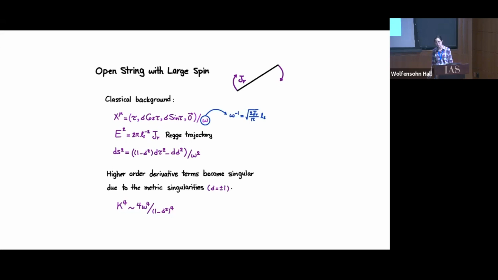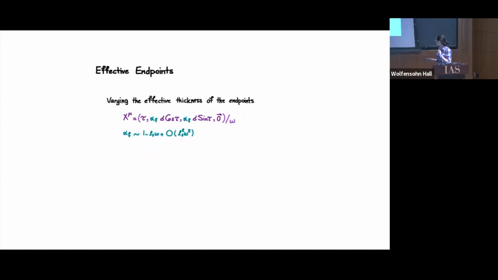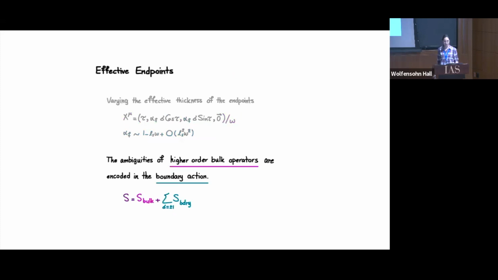And the singularities cause the higher order derivative terms in the bulk action to become singular, and the derivative expansion to break down at some point. So what we did was to vary the effective thickness of the endpoints, and by doing that, we're able to calculate the corrections due to these higher order bulk operators, and also the boundary action, which carries the information of the boundary conditions.